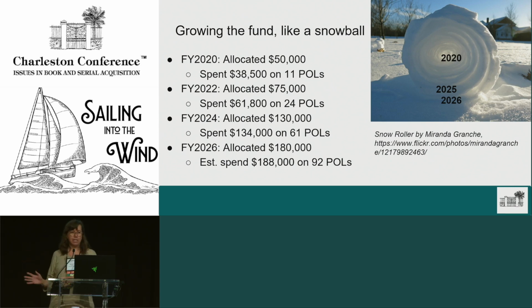And that's because we're just transferring the funds for the subscriptions to Subscribe to Open. And that is how we are showing the impact that we're having on our budget with Subscribe to Open. So we will continue that as long as we can, and we do prioritize that.